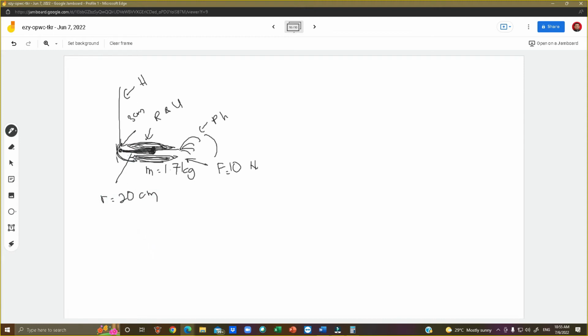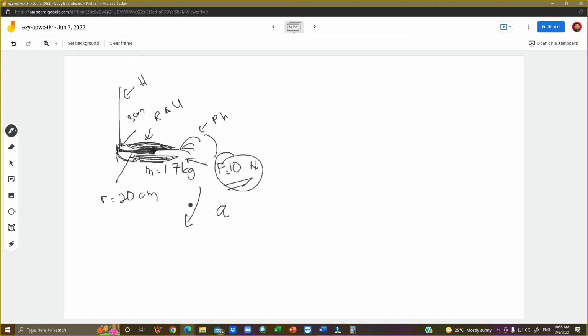So the question is, when these muscles contract and it causes the hand to move, what is the acceleration if we apply 10 Newton of force? Okay, maksudnya sekarang kita ada 10 Newton of force, we apply to the flexor and it causes the hand to move. The question is, how fast the acceleration occurs? Berapa cepat? Jadi, case dia, kita nak tahu if we apply 10 Newton, berapa cepat dia boleh bergerak.